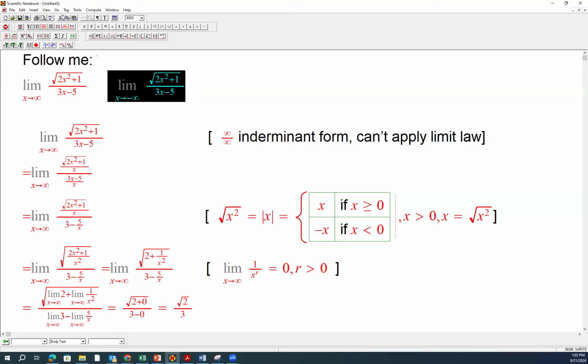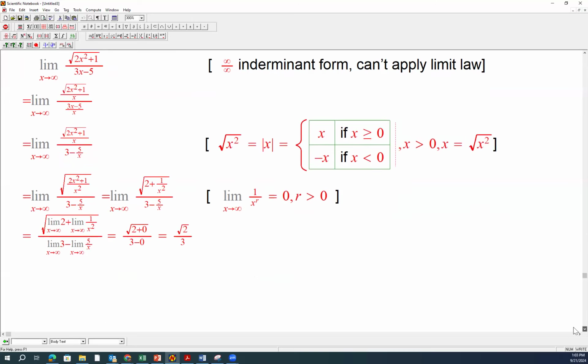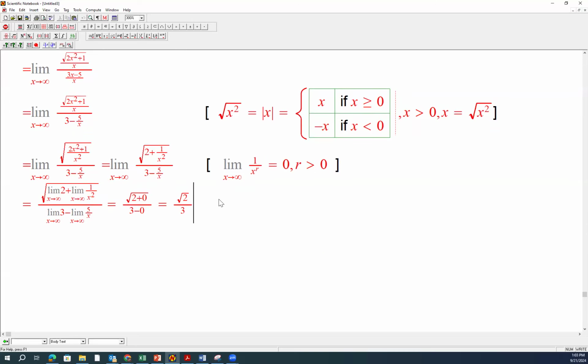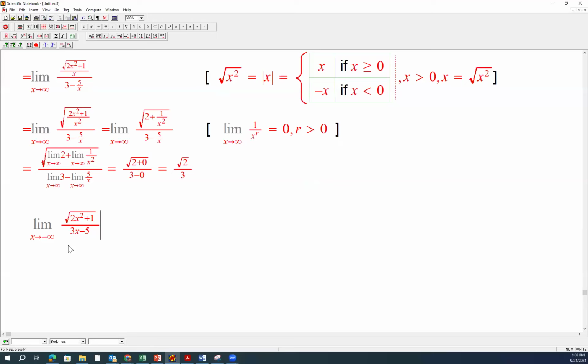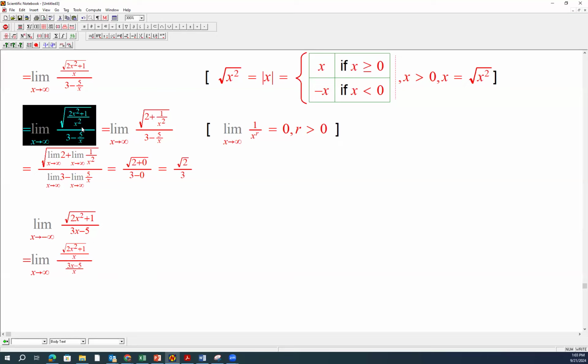Second question, you see that the difference between the two questions is x approaching positive infinity versus x approaching negative infinity. Everything else is the same, and the first step is the same.